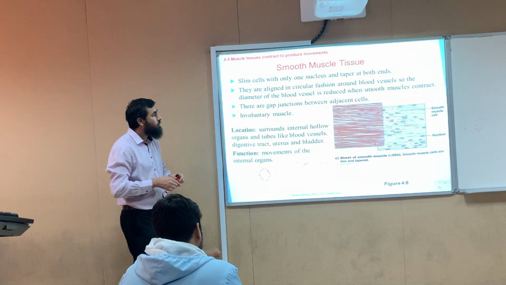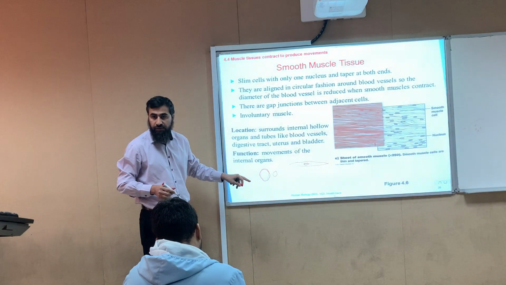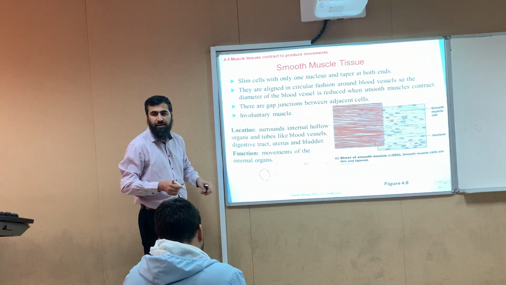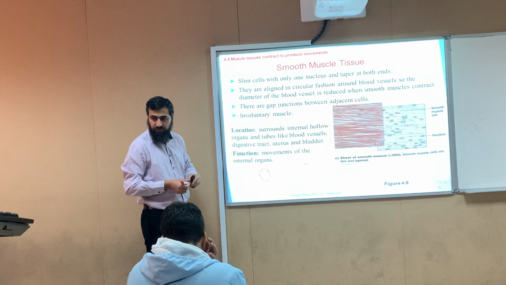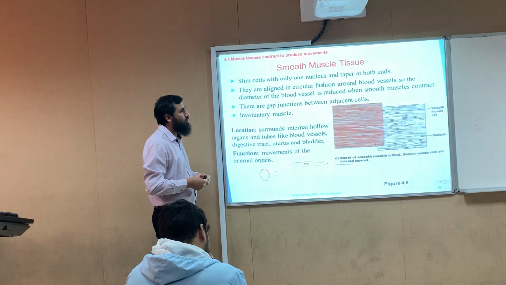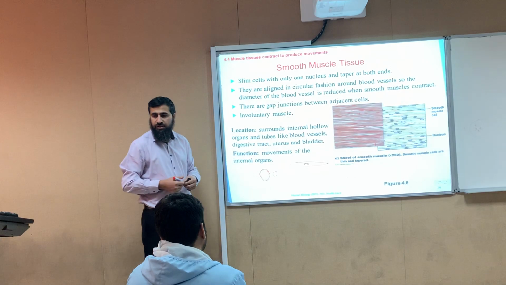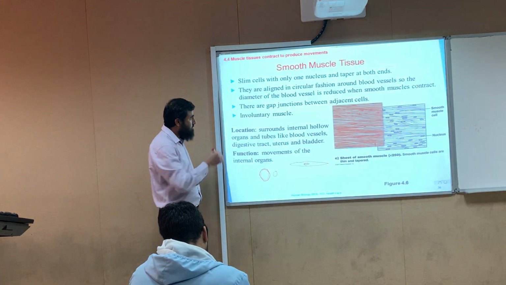This type of muscle is involuntary as well. We don't control our blood vessels or our blood pressure. We have no control over it. It's one of those involuntary, autonomic functions.